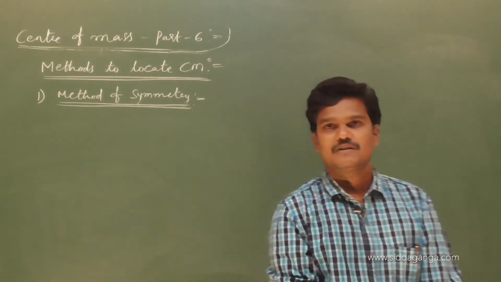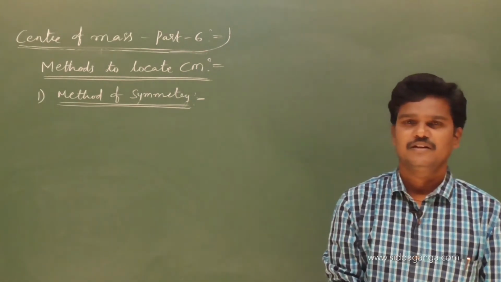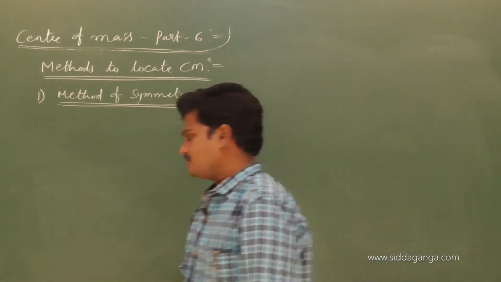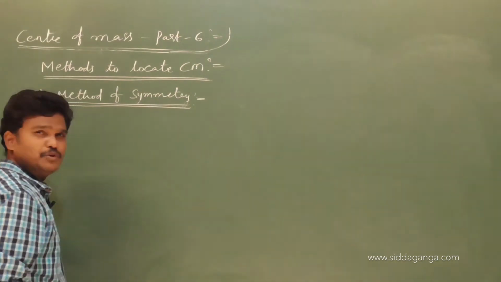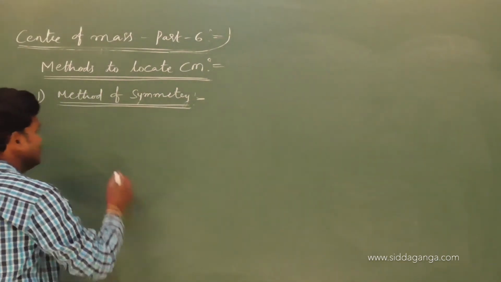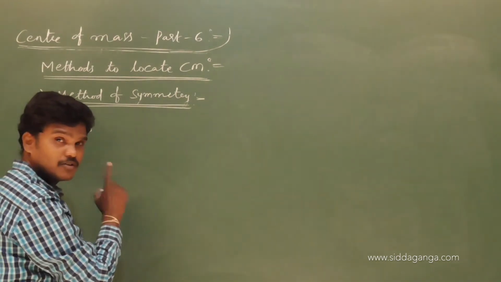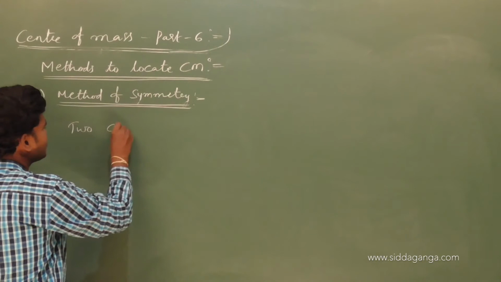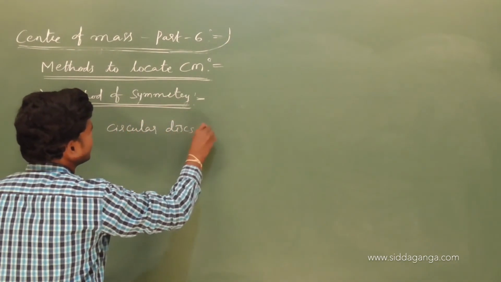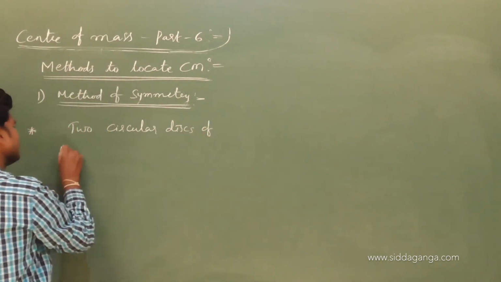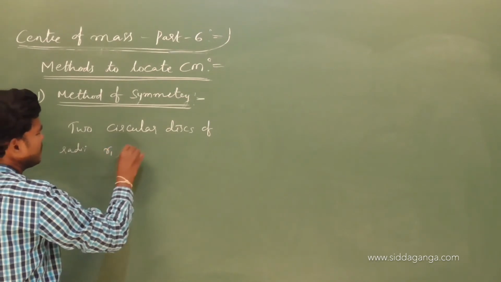Okay. Now let me start first method to locate the center of mass or to find the shift in center of mass in different cases. See, they given like this. They given two circular discs. Okay, keep in mind these are concepts. Two circular discs of radii R1, R2.